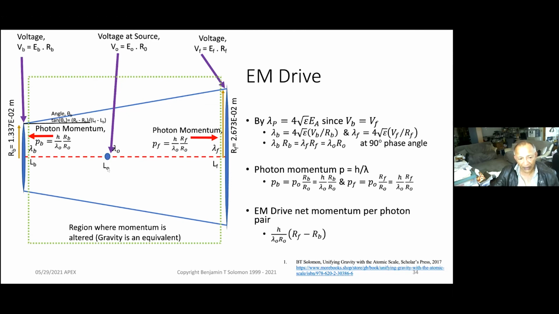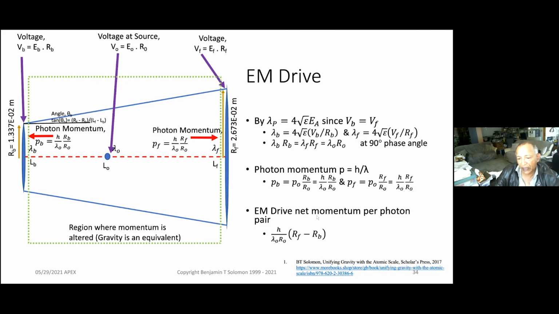So I will label that as 0, and the back end is with subscript B and the front end with subscript F. So the momentum exchange can be defined as a ratio of the position of this centerpiece with respect to this end piece and that end piece, the back and front end piece.